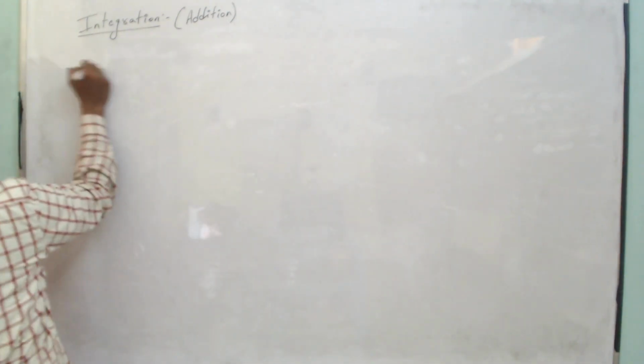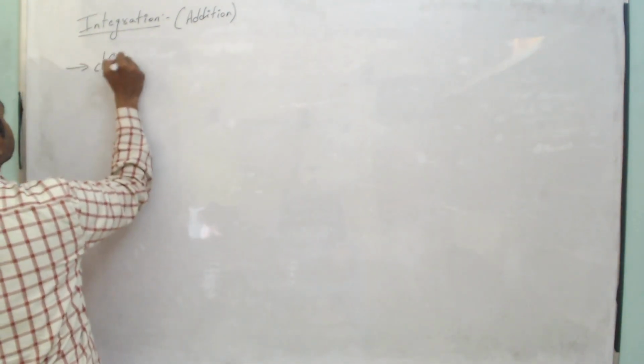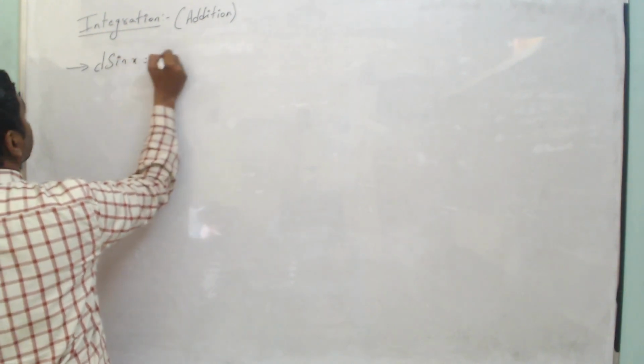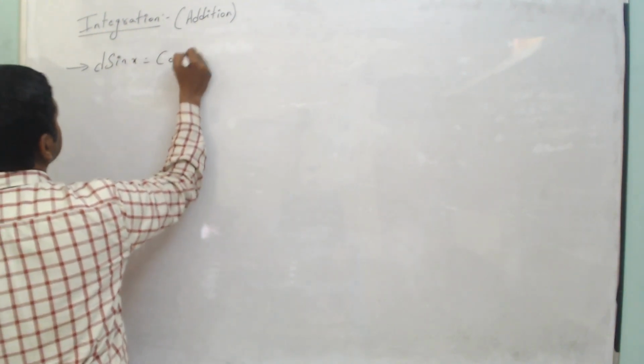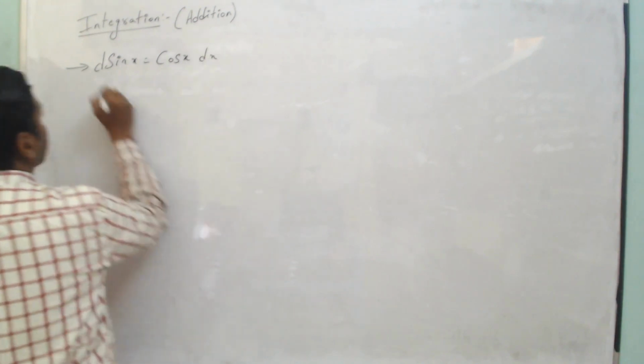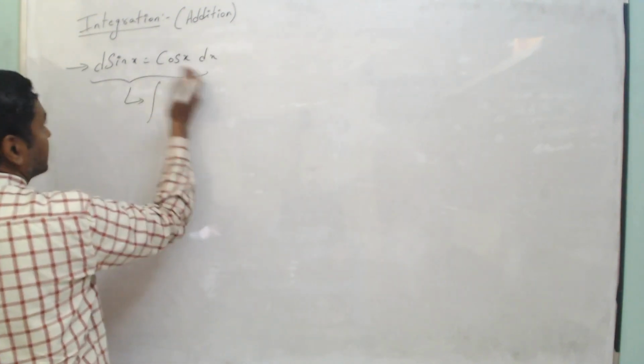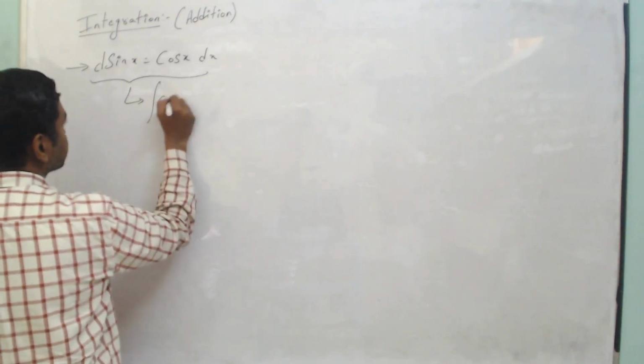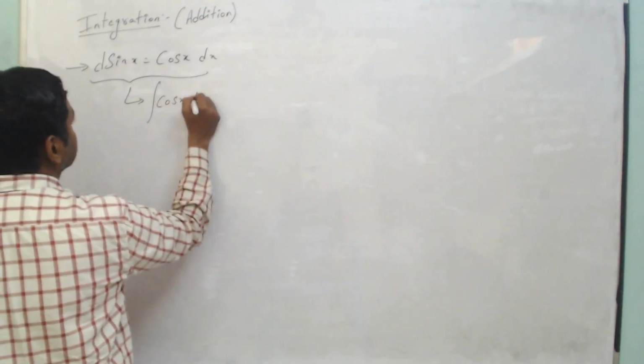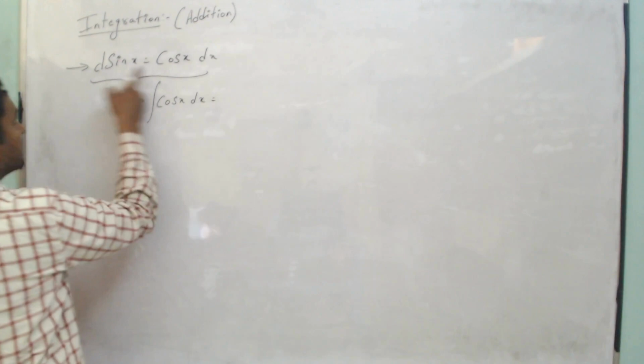Suppose I have the differential of sin x. I'll get cos x dx, correct? But for the same thing, if I do the reverse, integration of cos x dx, we get sin x, the inner function.